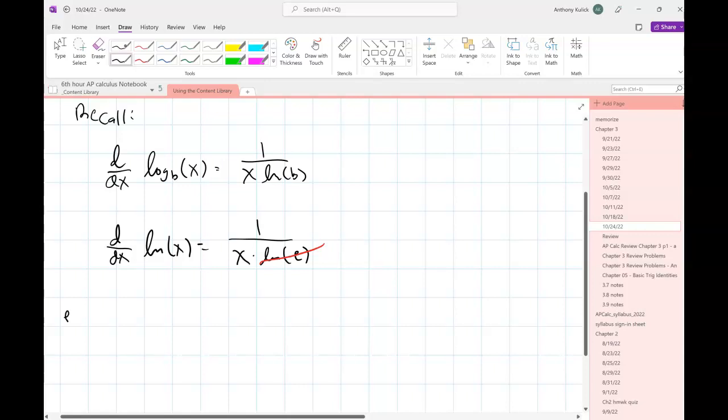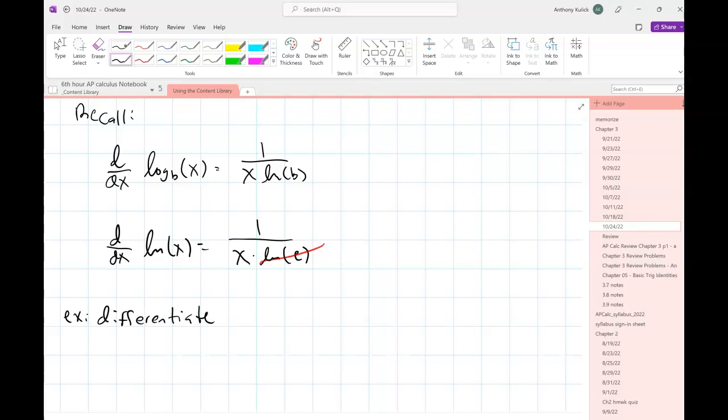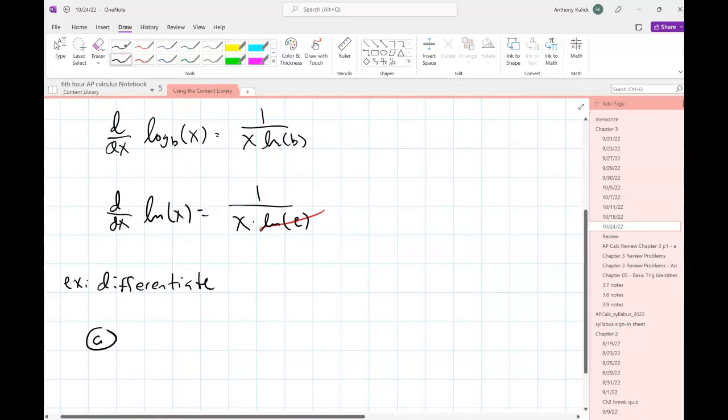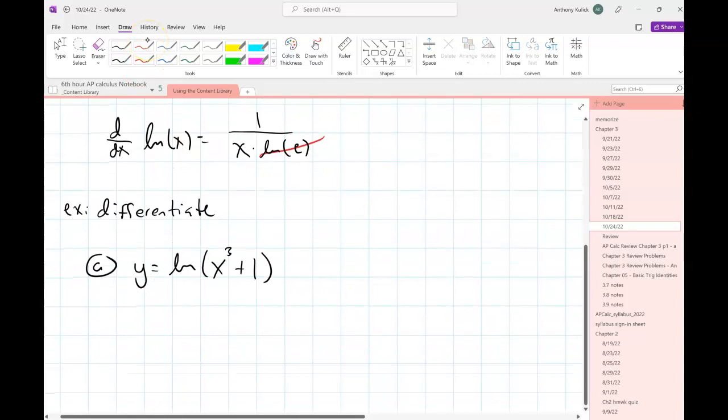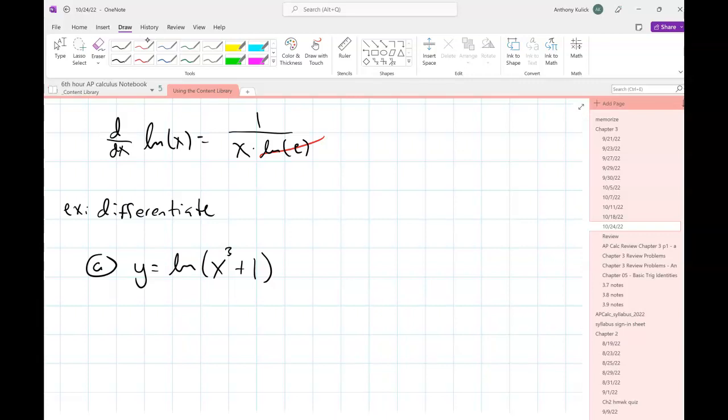Let's just do some derivative examples to practice using these rules. Okay, so here we have y equals the natural log of x cubed plus 1. What do we notice is going on here?